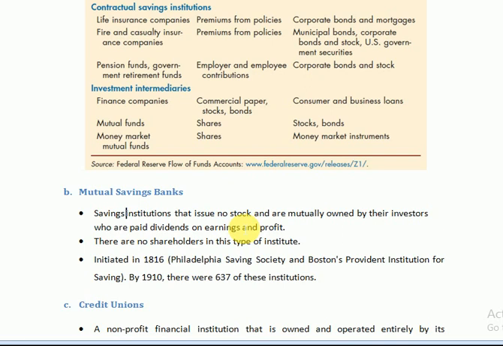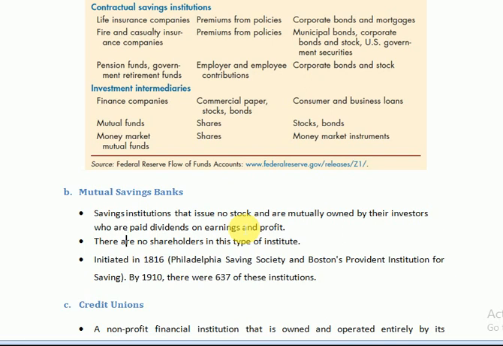Keep in mind, when mutual savings banks accept deposits, there are no shareholders in these institutions. The main source of funds of these institutions is accepting deposits, so that's why they come in the types of depository institutions.